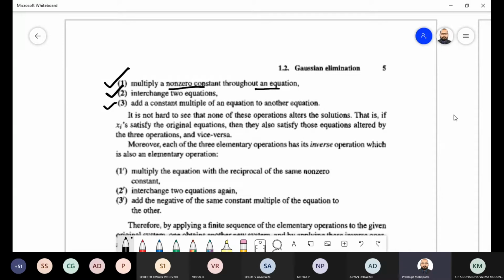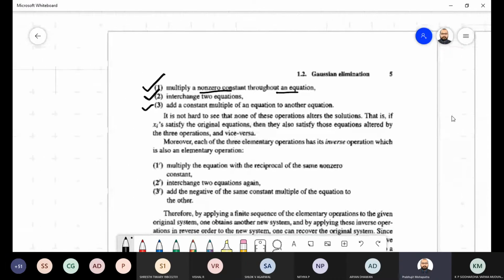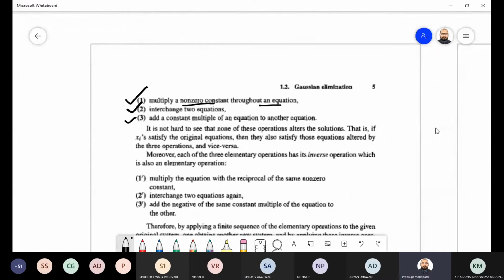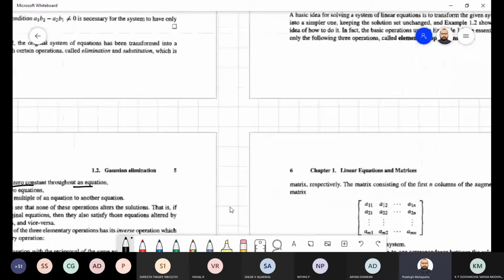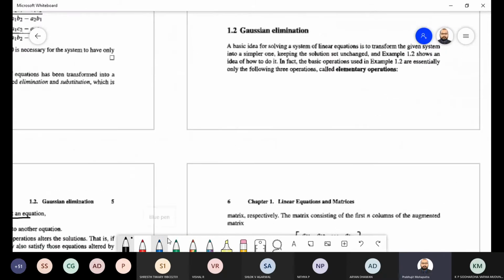These three things are very important, and these three operations are called the elementary operations.